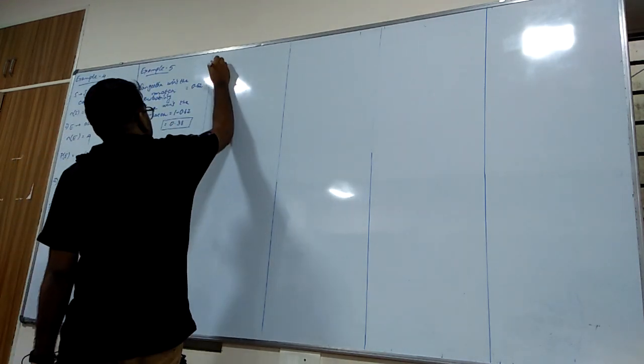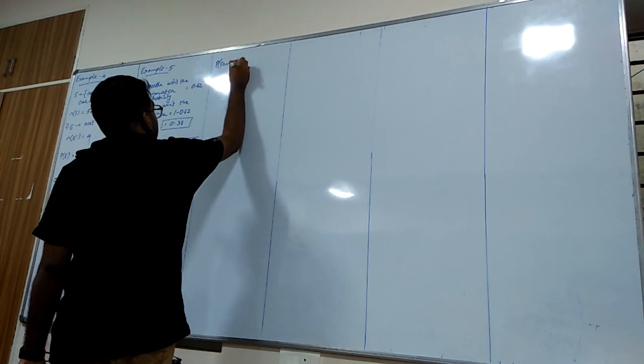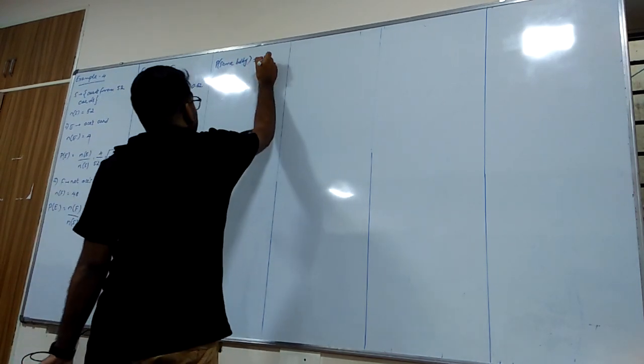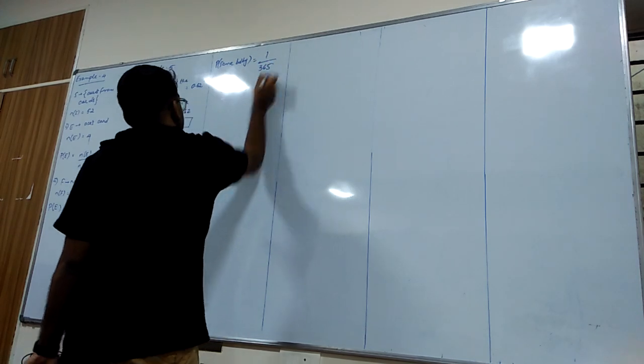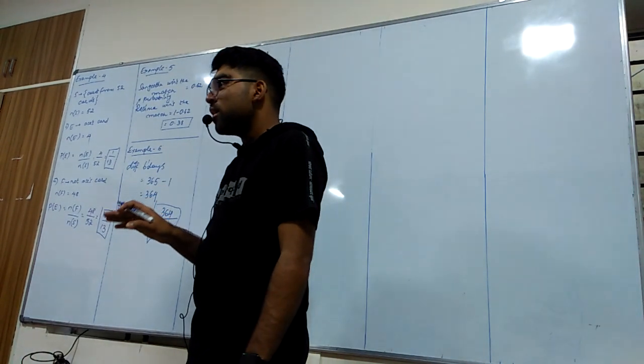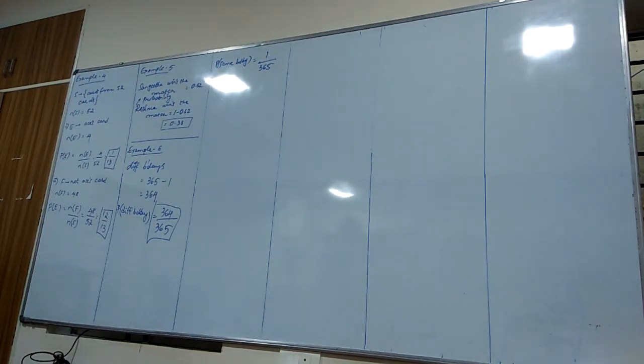Whereas probability of having the same birthday is that remaining 1 day, divided by 365 days. Only on 1 day can they both have the same birthday. You'll have your birthday on Monday only, no?